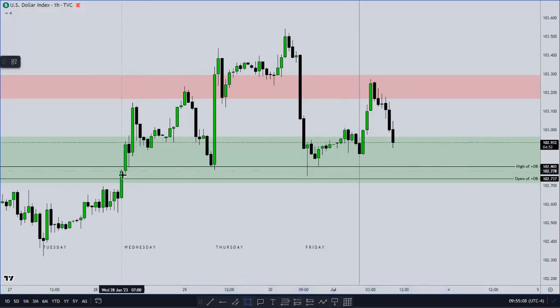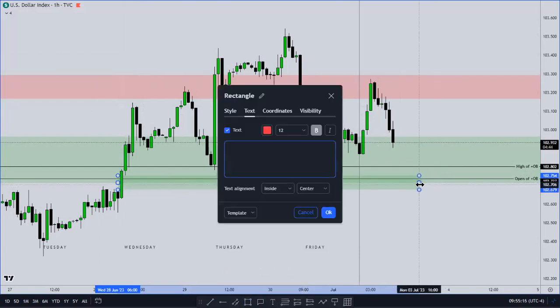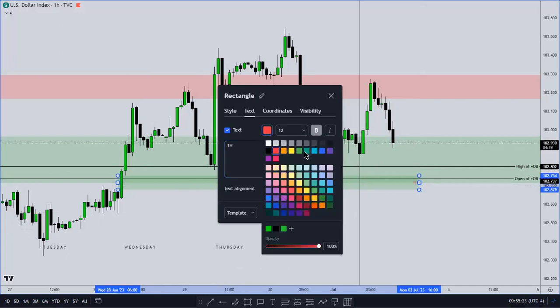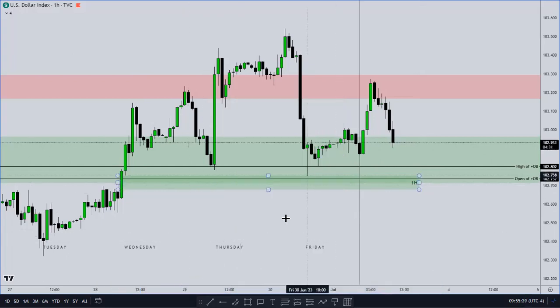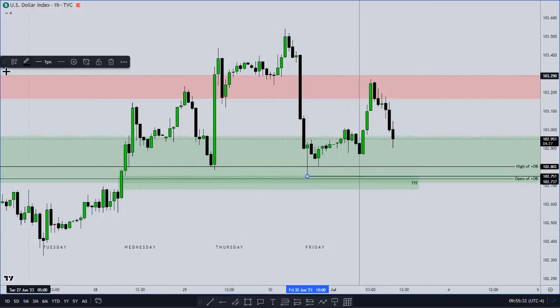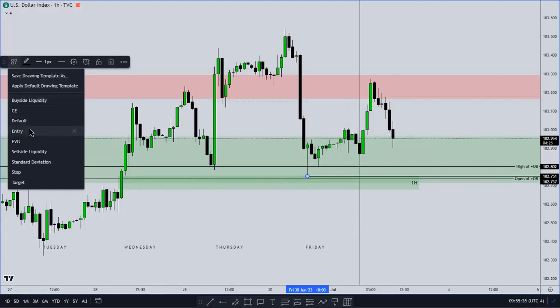We have this inefficiency here, on the 1 hour, the hourly value gap, BC, and also we have sell side liquidity below the low. So this can be targeted.